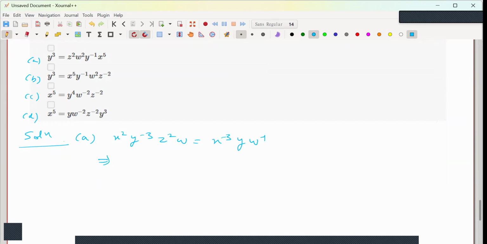We want y cube on one side, so we need to take this y here. But for that, we first need to multiply this x square here. So it will go as x minus 2. So y cube z square w to be x minus 2, which is x minus 5 y w inverse. And then this w also we want to shift here.